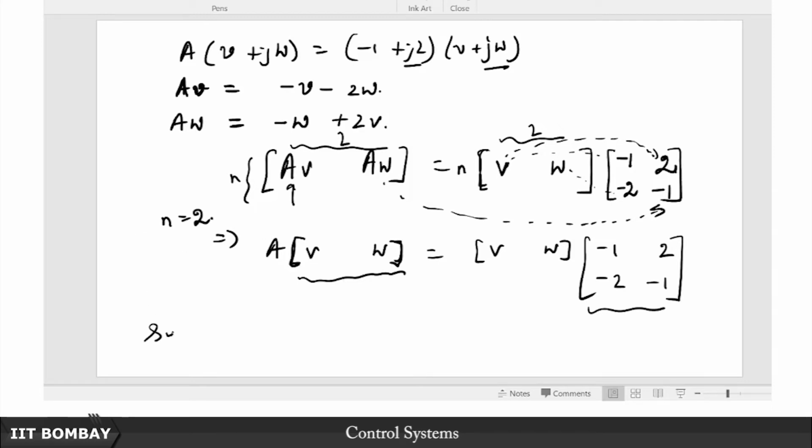Now suppose VW is equal to T, and T is invertible. We will later show that it is indeed invertible in this case for the 2 by 2 case, and in the general case when you augment it with a sufficient number of other eigenvectors. But in this case at least, suppose this is invertible, then what can we do?